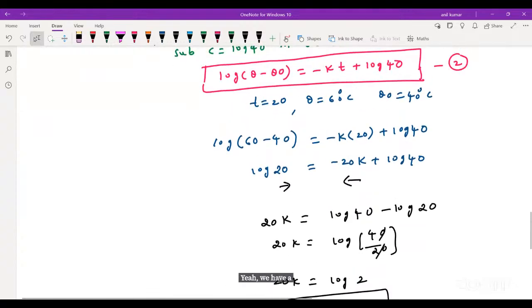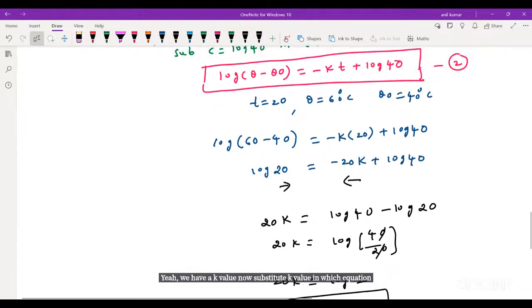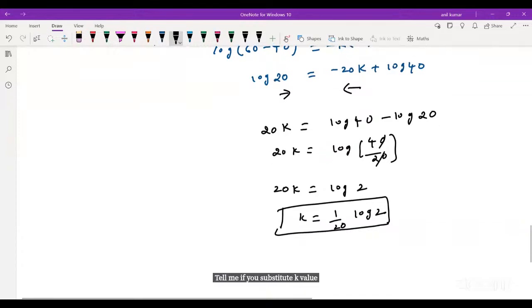Now, substitute the K value in which equation? Equation 2. Substitute the K value in equation 2.